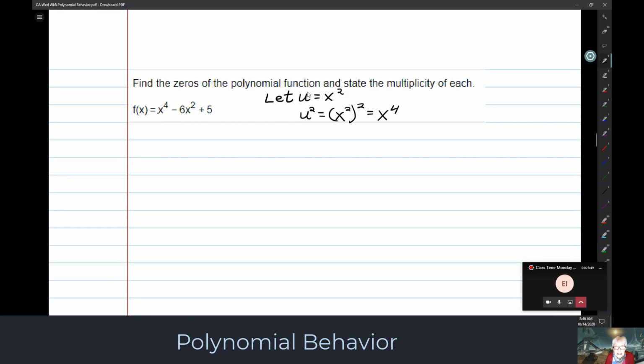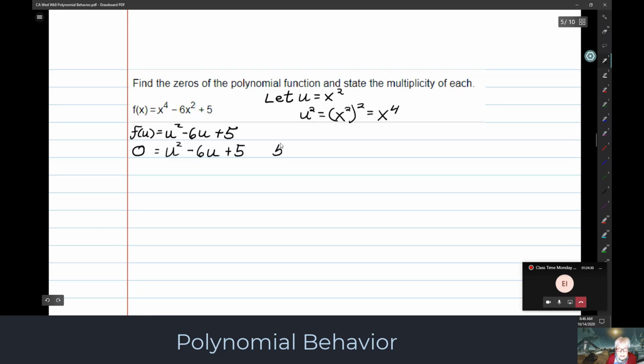Okay, so this enables me to let x to the 4th temporarily equal U squared. So I am going to have f of U equals U squared minus 6U plus 5. So 0, because I'm looking for the zeros, 0 equals U squared minus 6U plus 5.